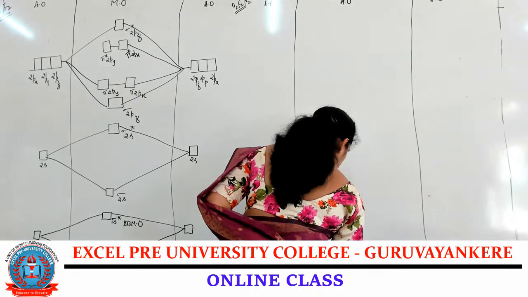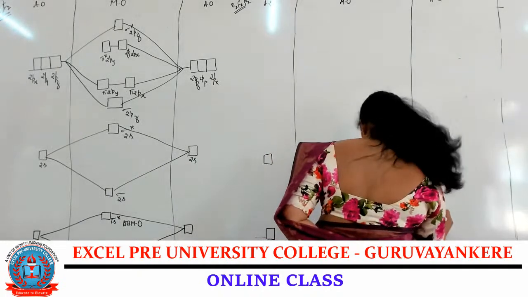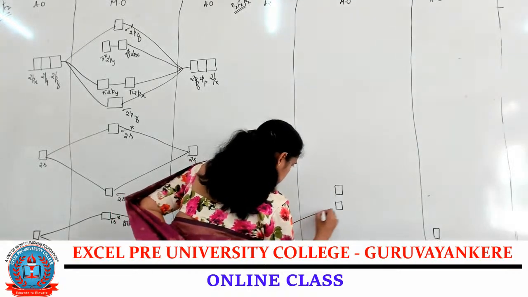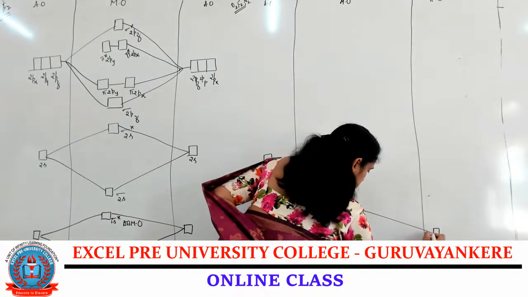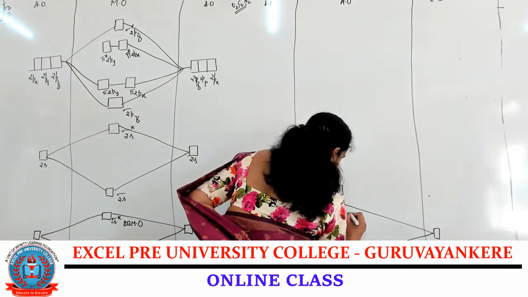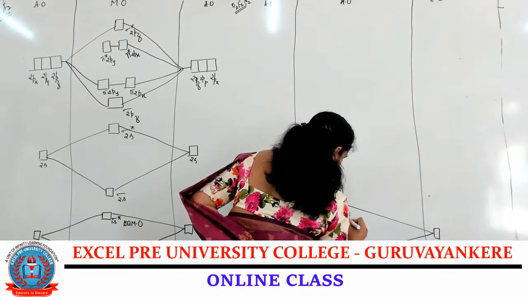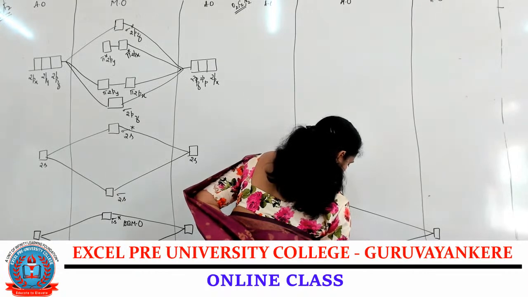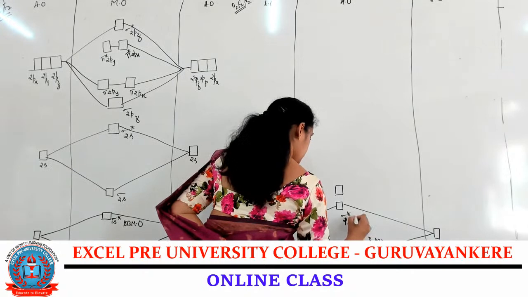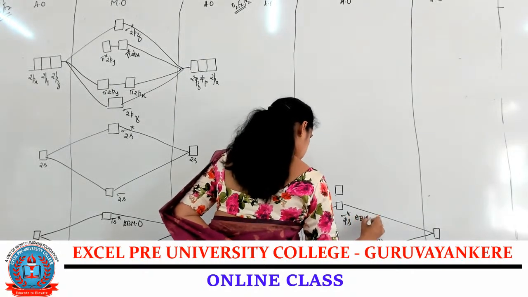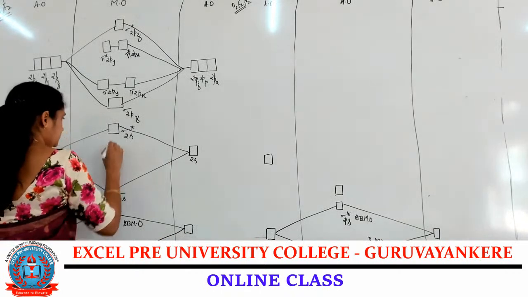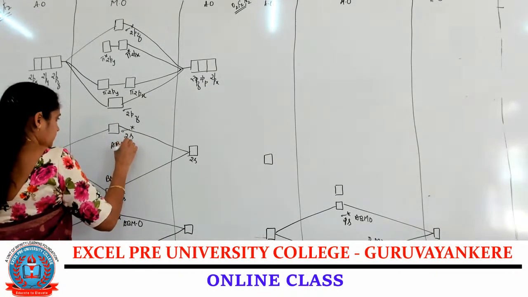Same as the previous one. Sigma star 1s, sigma 1s, bonding molecular orbital. Here also bonding molecular orbital, anti-bonding molecular orbital.